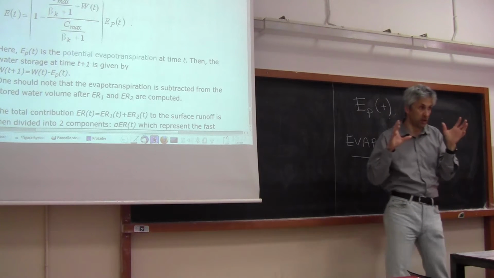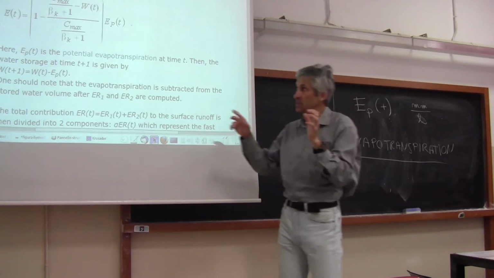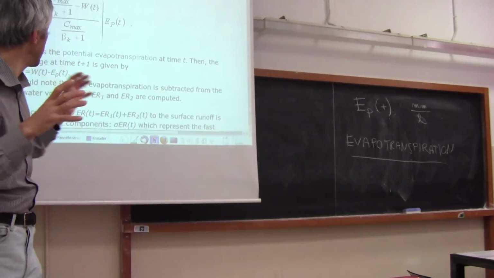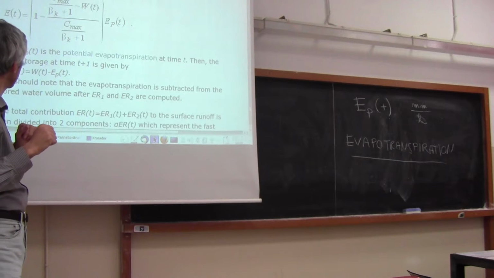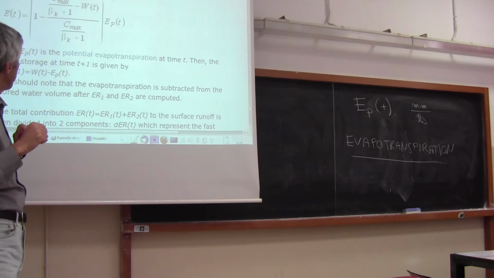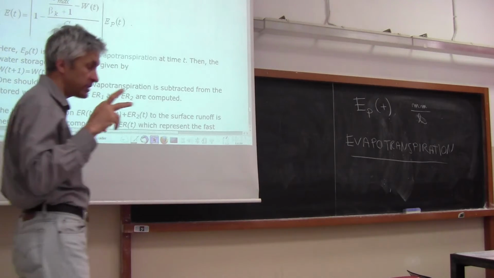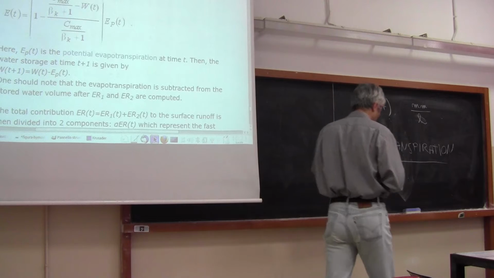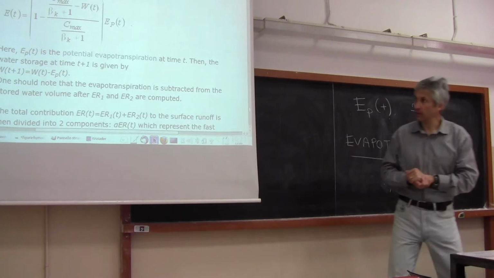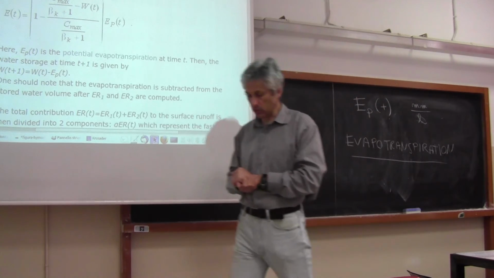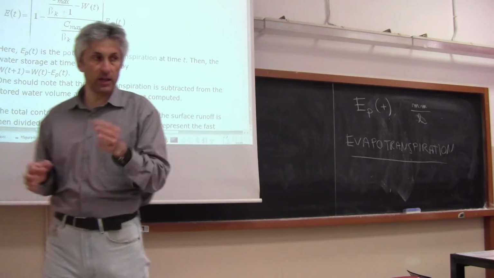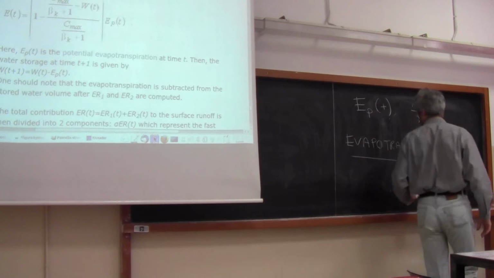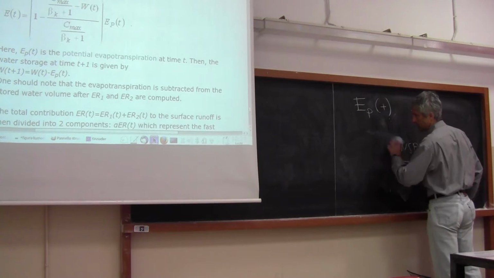So this formula should give us ET equals 0 for C equal to 0, or WT equal to 0. And this is the second constraint. And then a simple relationship is to adopt a linear variation between the two extremes.